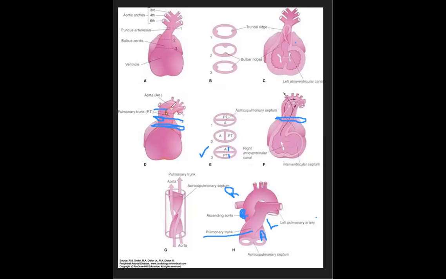But then at this level, when it is forming an arch, it again twisted 90 degrees, and the aorta is anterior and pulmonary trunk is posterior. So this is what we call twisting. It is a total of 180 degrees.